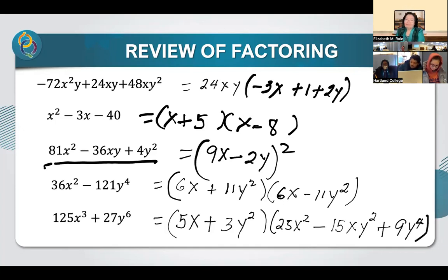All right. So if it is a difference, then that's the same process. The only difference is that the middle term of the second factor will be a plus. It will be the opposite of the sign of the middle term of the first factor.